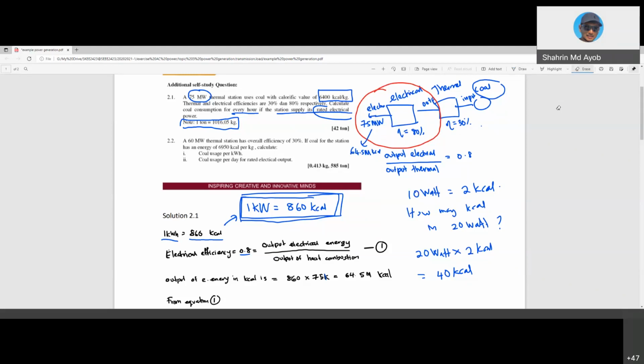What is the value of the calorie for 20 watts? How many calorie in 20 watt? The answer should be 4 calorie, right?